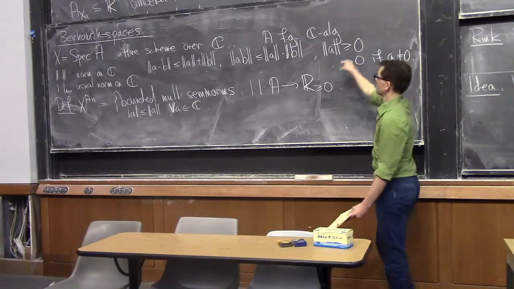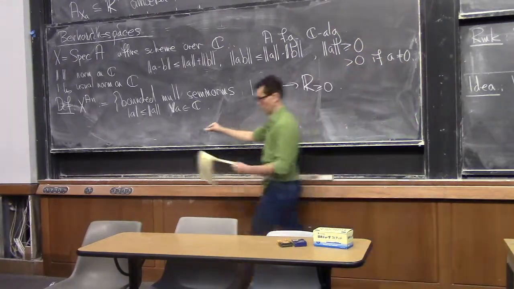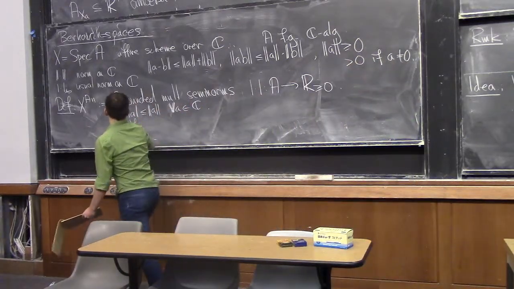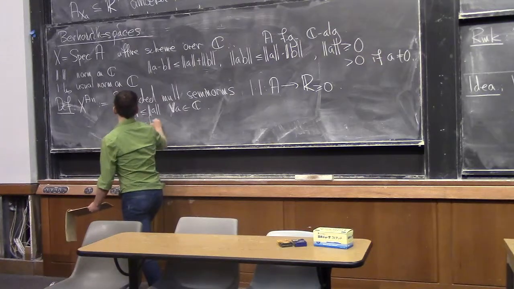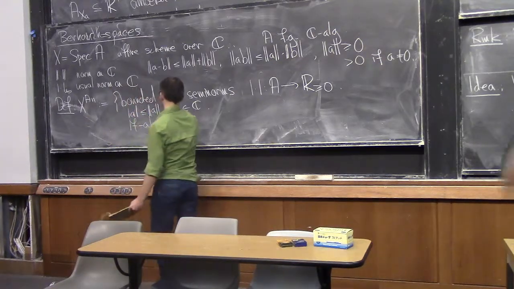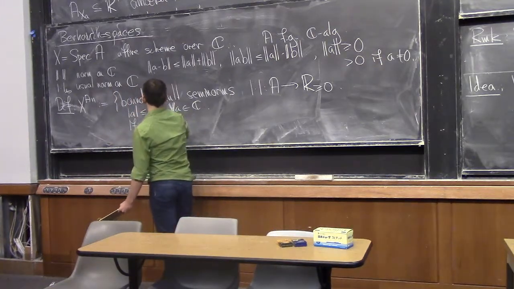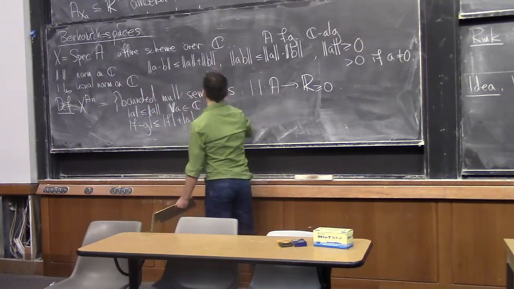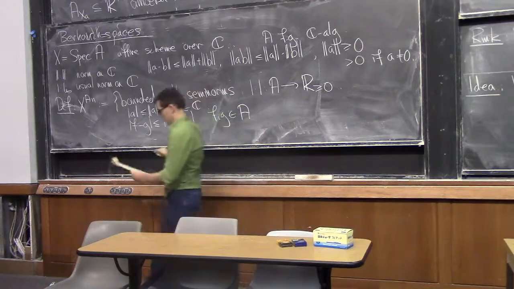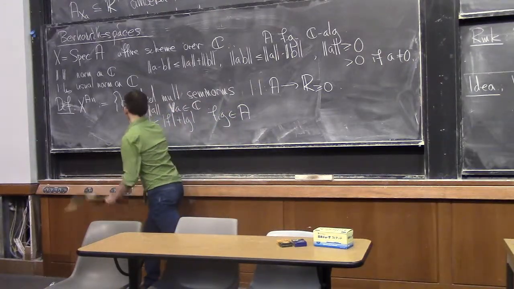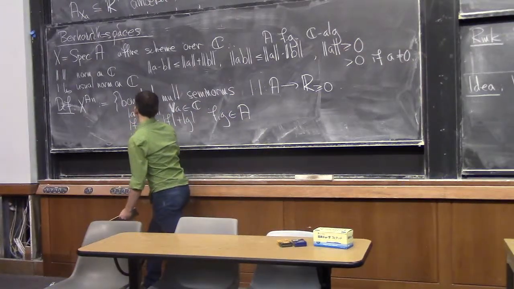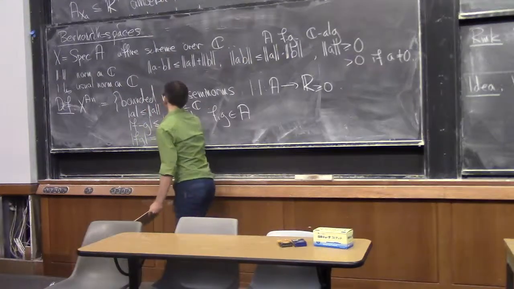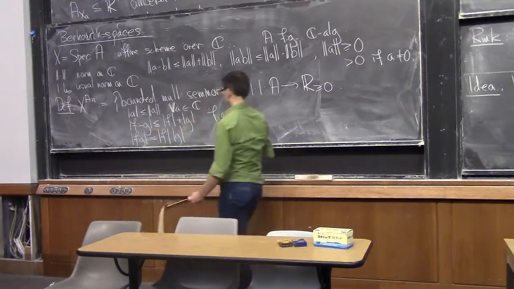So X is Spec A. Then F minus G is supposed to be less than or equal to F plus G, for F and G in A. And I want this to be multiplicative, so the norm of FG is the product of the norms of F and G.